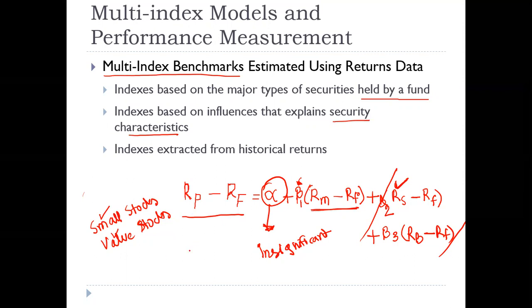Now, in addition to the return I just showed you from the Fama-French three factors, small minus big return or high minus low return, you can alternatively include an index which only includes all small stocks.